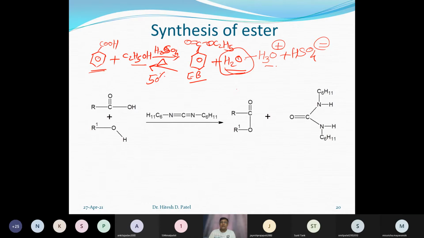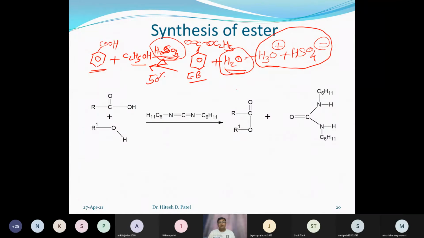So it is very difficult to remove the moisture during the preparation of ester if we are using sulfuric acid. That's why we will not get 100% conversion, or conversion greater than 50 to 60%, because of the reversible character with this catalyst H2SO4.